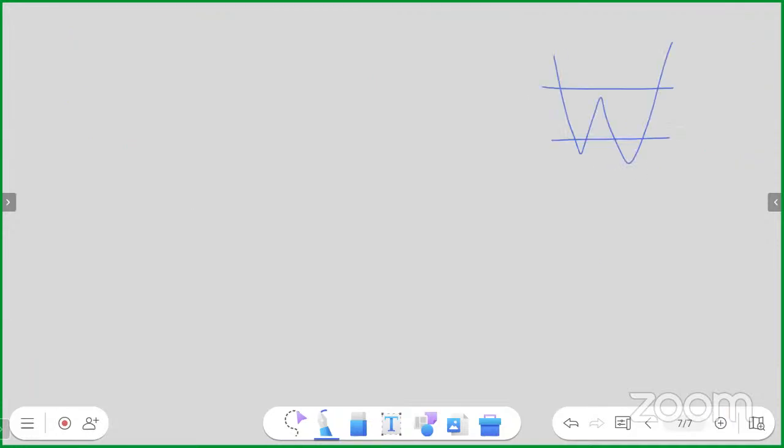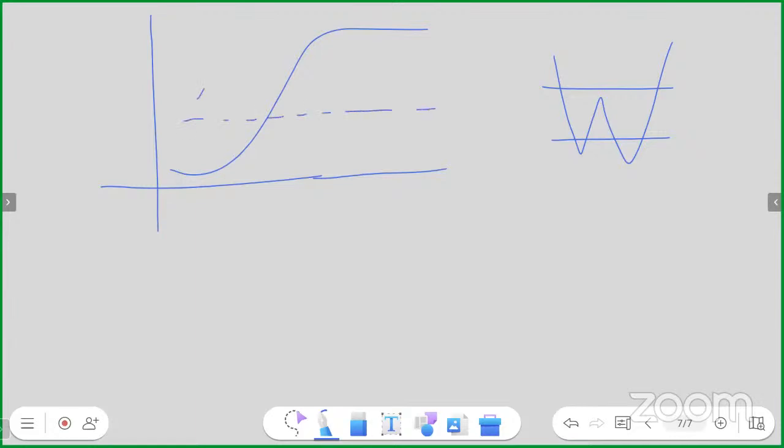Now, what do you want me to do? The alpha sublevel sets will be convex, but this function is not convex. So what are the alpha level subsets? Draw any alpha. What will happen?